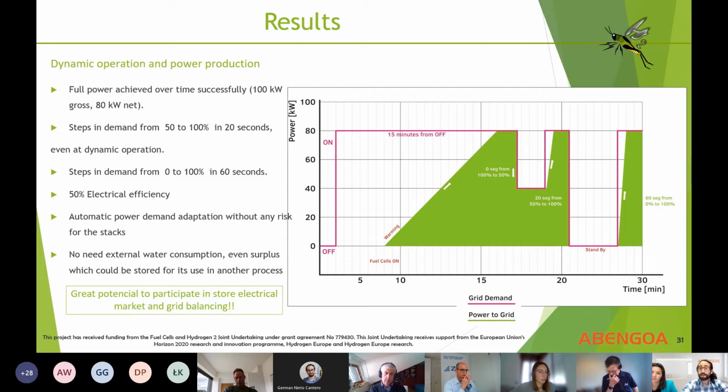In this critical step, all previously tested strategies were validated, and many tests were carried out: warm-up sequences, shutdowns, dynamic load changes, etc. Of course, during this period, only synthetic hydrogen was used to ensure that no damage was done to the stacks.